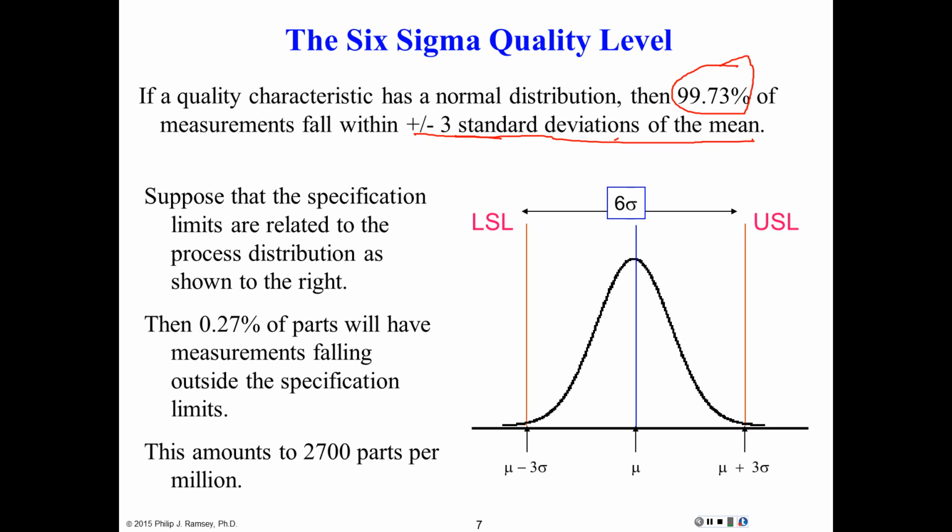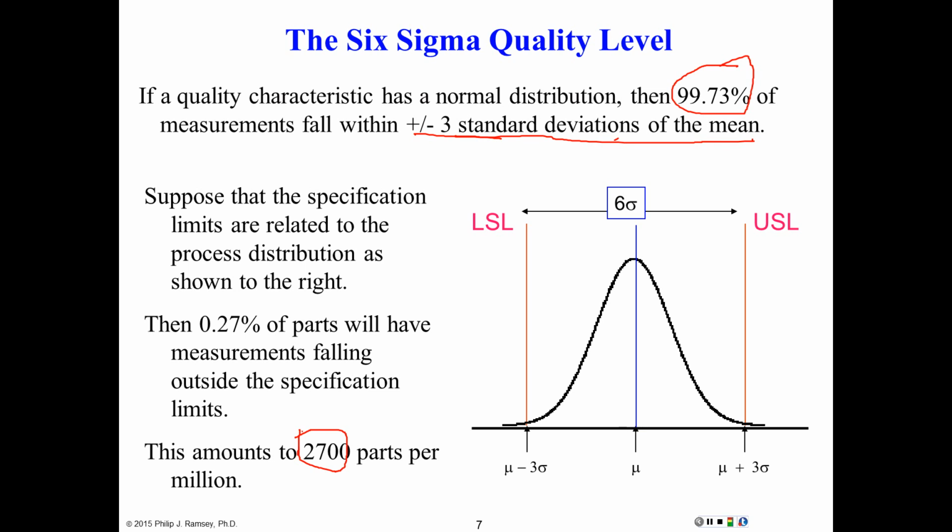So a process that we would consider barely capable, okay, this would be sort of a minimum, the plus or minus 3 sigma window would just align with the spec limits. And in fact, such a process would deliver about 2,700 parts per million defect rate. Again, this may sound good in some industries like automotive and aerospace, and even like electronics. This is typically not considered capable.